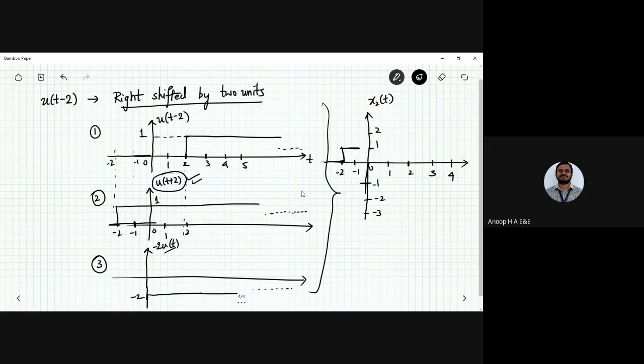See to it that you follow the principles quite clearly. This is going to be the value which I am writing right now. At 0 it is going to be 1. Next, from minus 1 it is going to have 1.